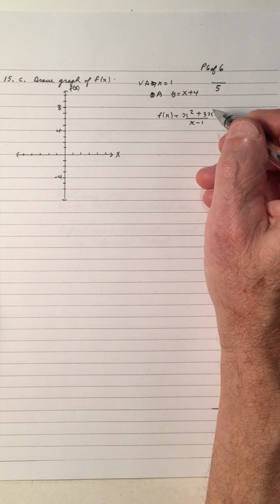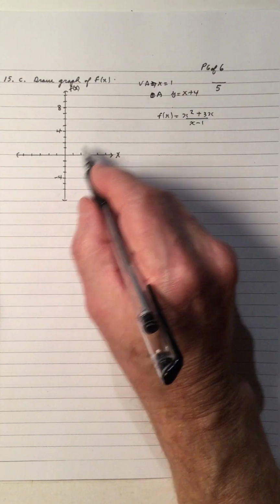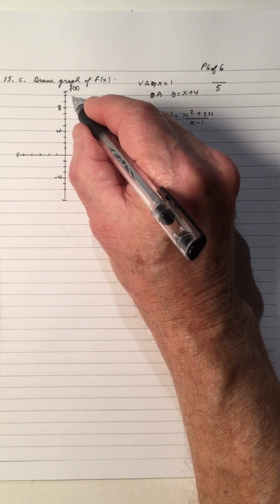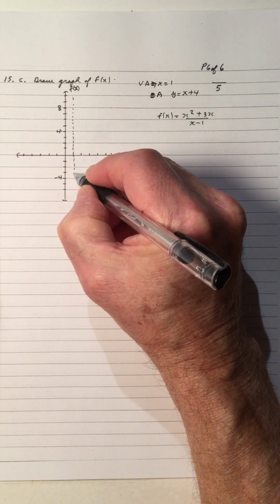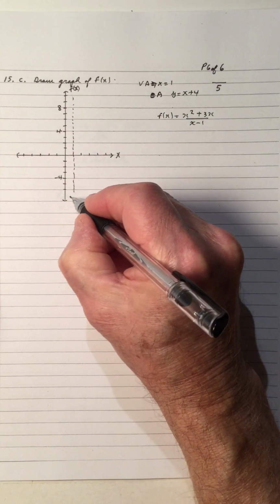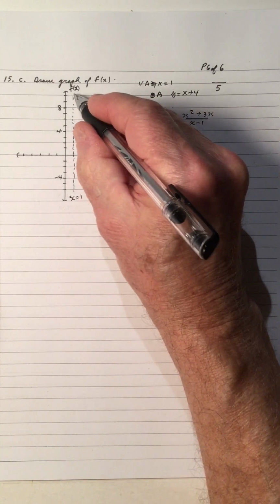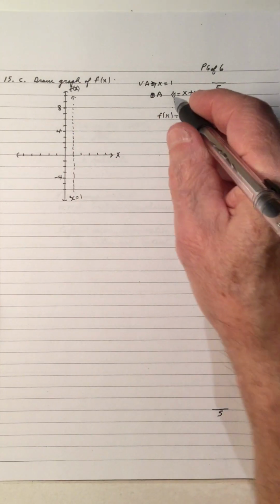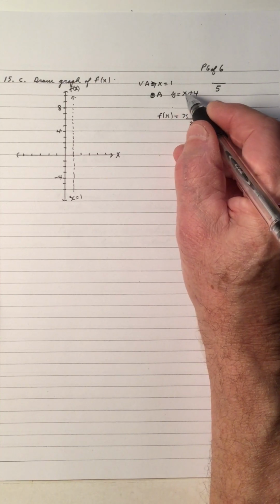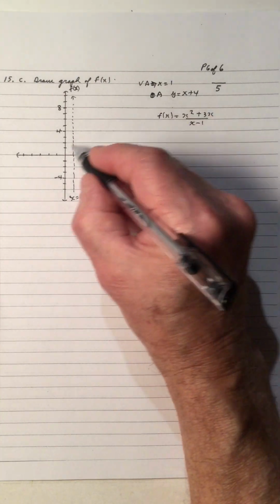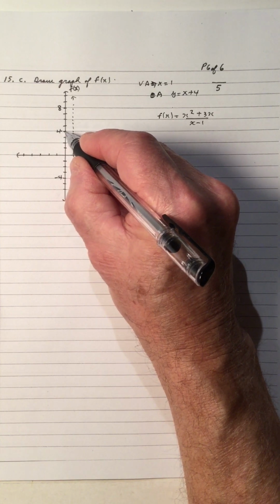Why did I write that down? Well, when we want to graph it, we graph the vertical asymptote x equals 1, so there's the vertical asymptote straight down through there. So that's x equals 1 as the vertical asymptote. And the oblique asymptote is y equals x plus 4. So I've got a y-intercept of 4 right here.